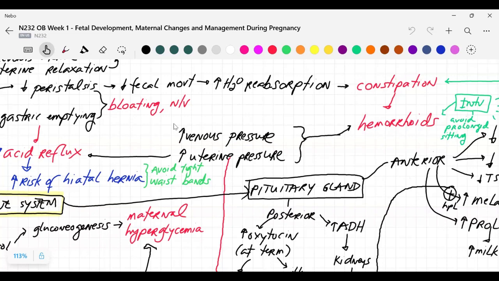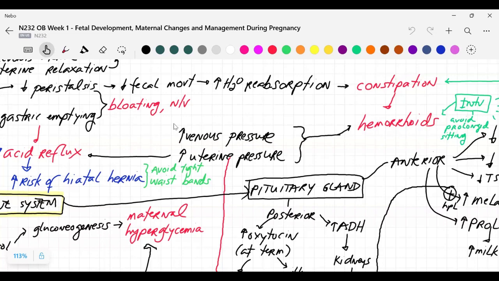There's a portal vein that runs from your esophagus all through your gut to the rectum. So if there's a lot of pressure in the abdomen, there's a decreased flow back of the blood to the heart, the venous flow back to the heart. So then the blood gets stuck in the rectum, causing hemorrhoids. That's why pregnant women may have hemorrhoids.